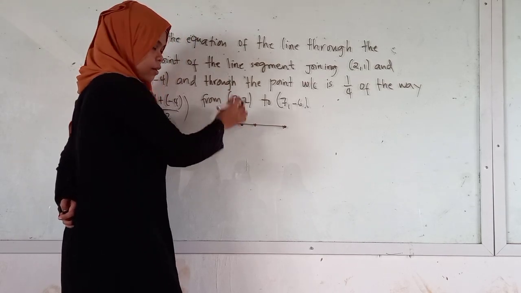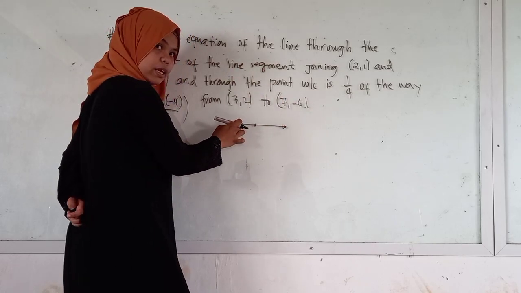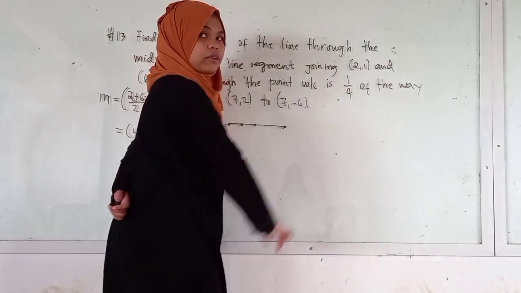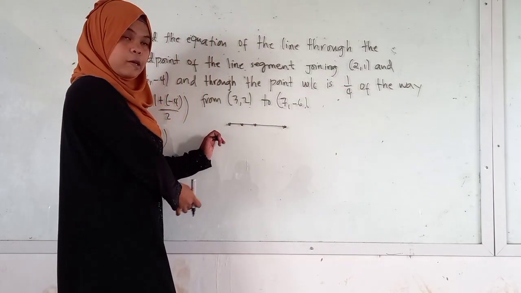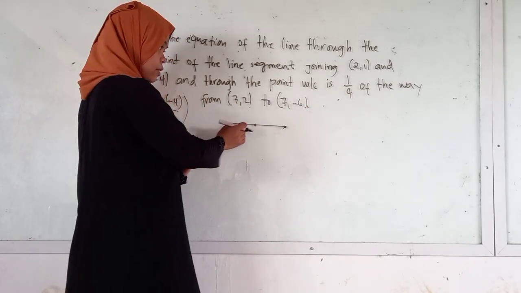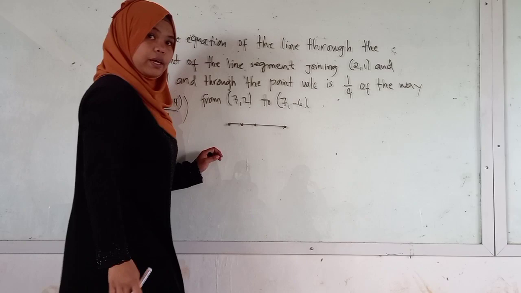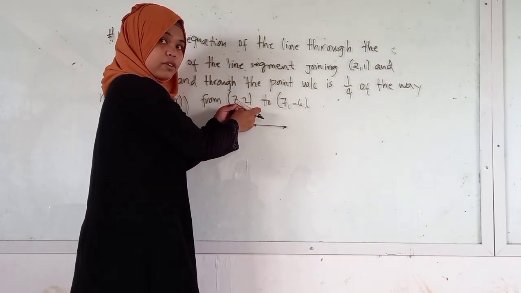Ibig sabihin na yung segment divided by 4. Kung i-divide nyo sa 4, that is what we mean by 1/4 of the way. So, dalawang beses natin kukunin yung midpoint. No?